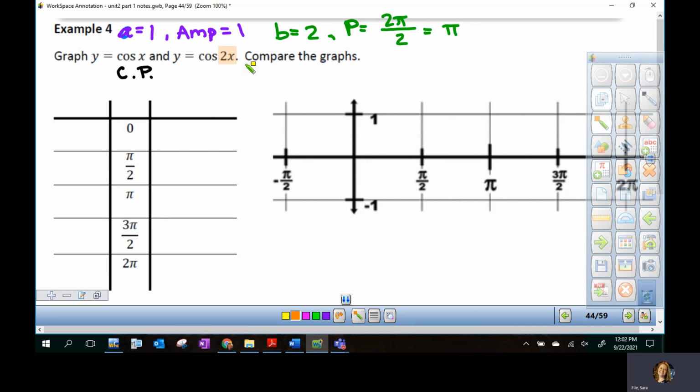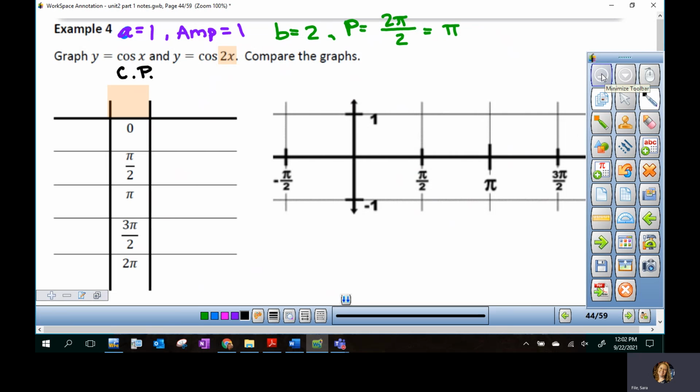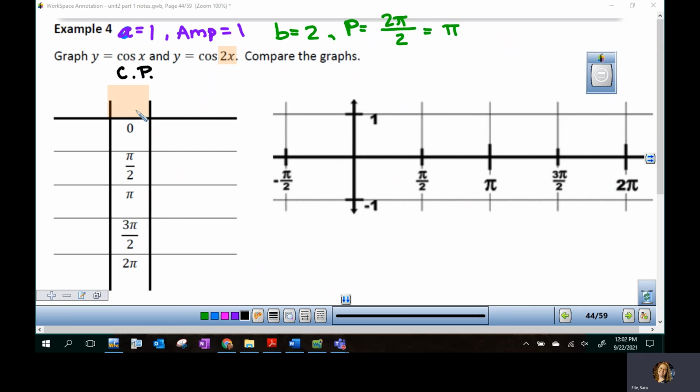It is not just x, it is 2x. Yesterday, we didn't have any with a b value. They were all an understood 1, so it was always just x. Now the b value being something other than 1 is going to have a little extra step for us to do when creating our tables.